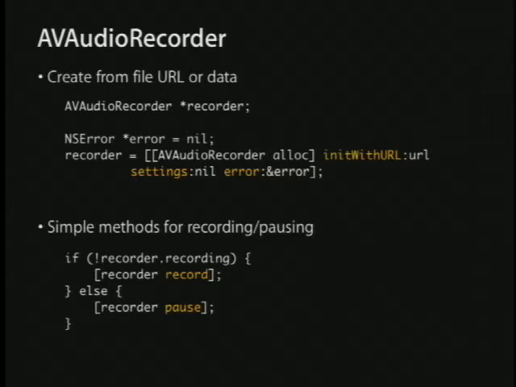And that dictionary could have properties for sample rate and format, compression, stuff like that. And you can get an error out in case there was a problem. For recording, just like in our example app where we were toggling the playback and pausing, we can do the same thing here where you can record and you can pause. And as you record, as the queue fills up, it's going to write those things to disk.